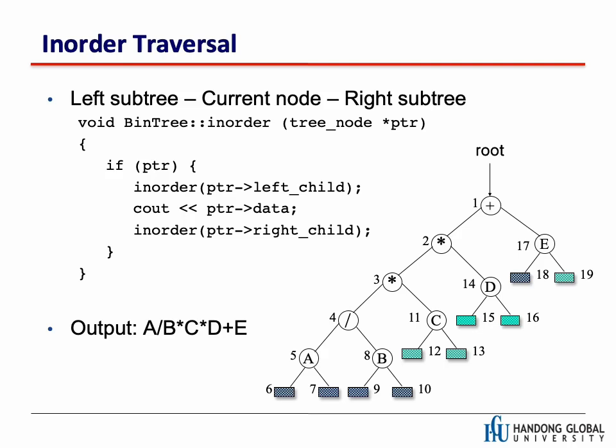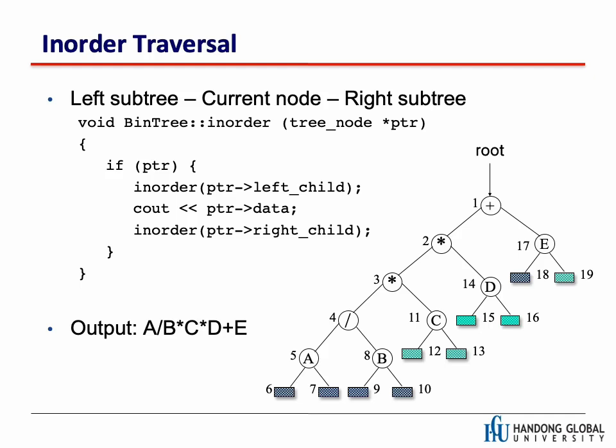first we call the in-order function, passing the left child. PTR's left child is pointing to the left subtree, so we do the in-order traversal with the left subtree first, and then the current node. Instead of doing something else, we just print out the current node. After visiting the current node, we call in-order recursively, passing the right child pointer.